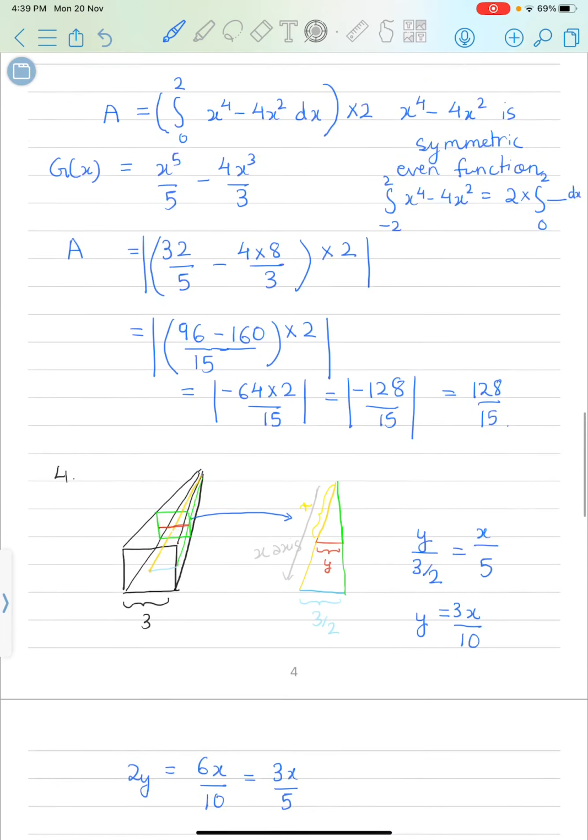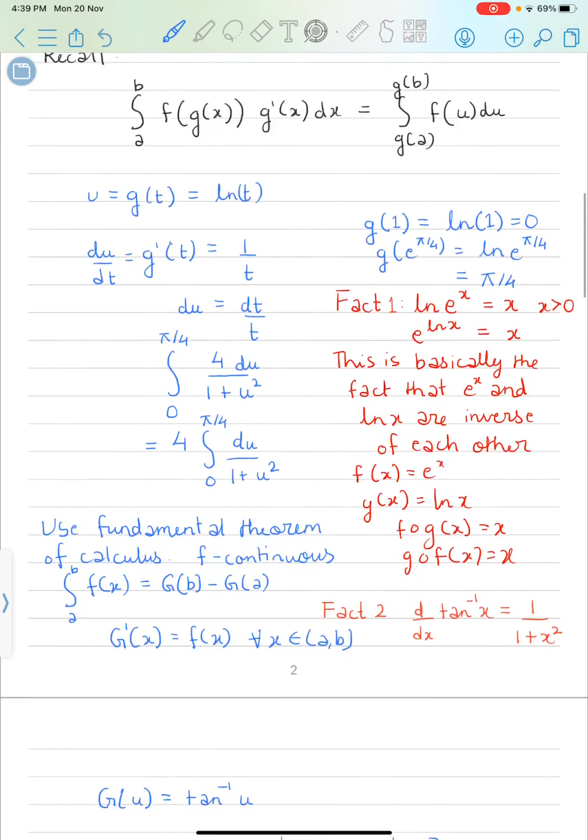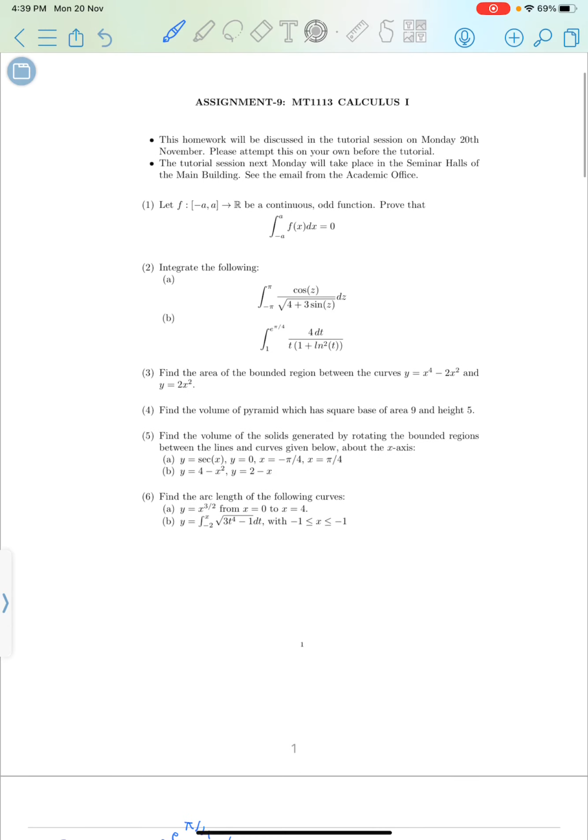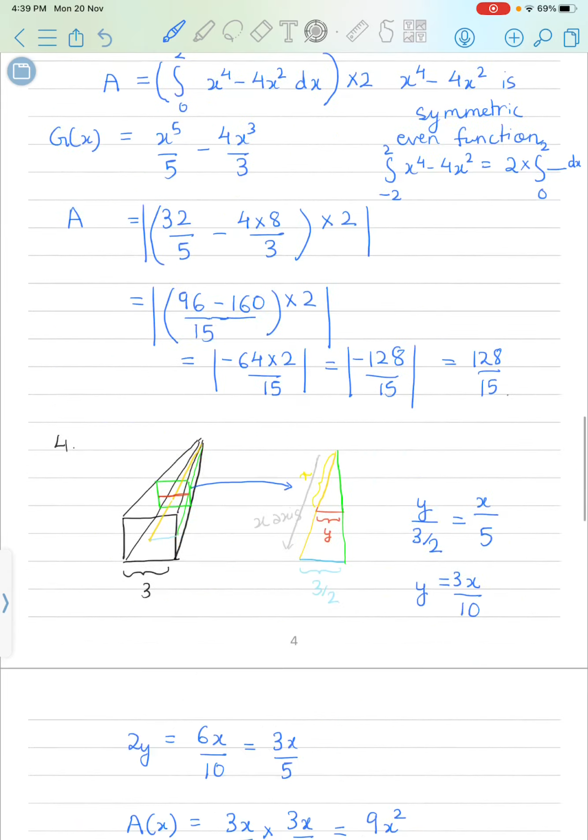What is the second part of this question? This is y = 4 minus x square, y = 2 minus x.